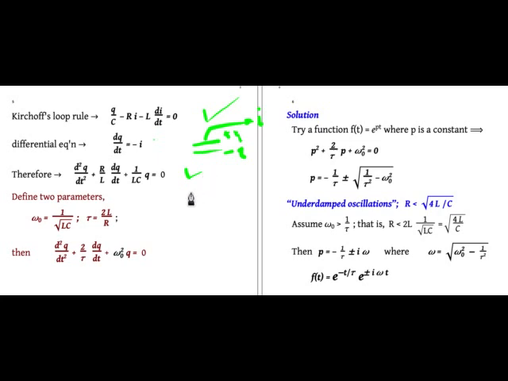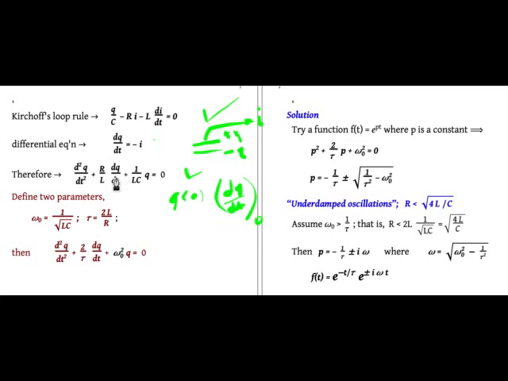It's a differential equation. It's a second order differential equation. So it's going to depend on two initial conditions, Q of 0 and dq dt at 0.